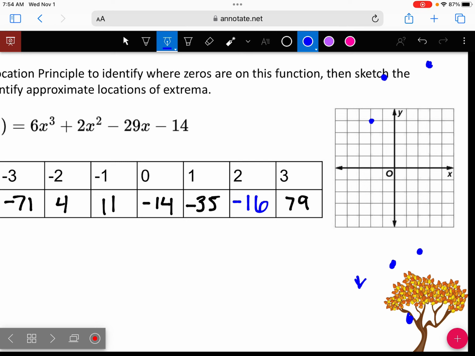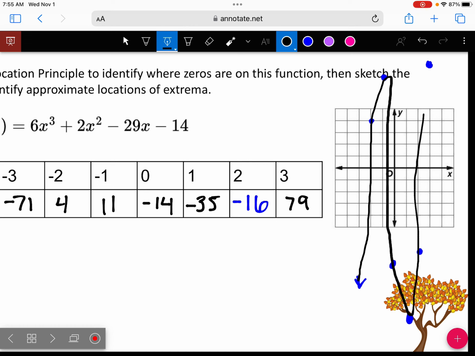And 3, 79. Holy cow, big old function and very little on our graph. So we're just going to kind of say, well, it's looking kind of like this.